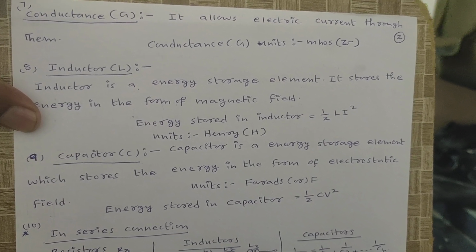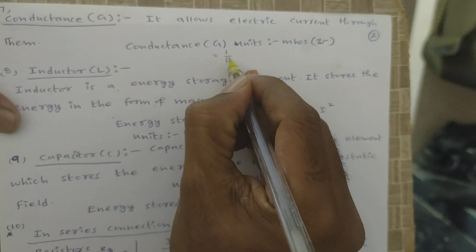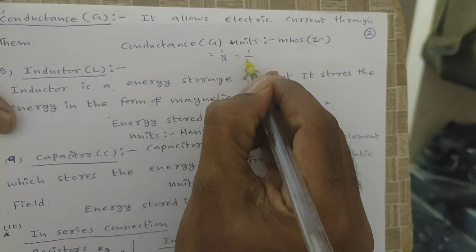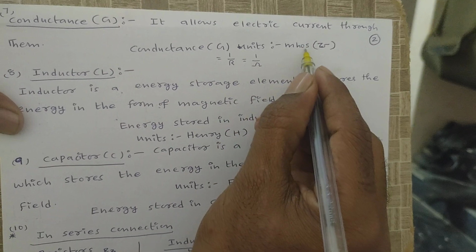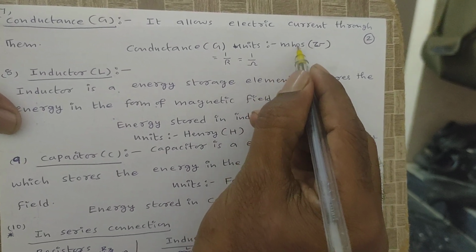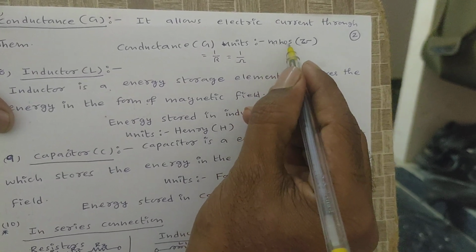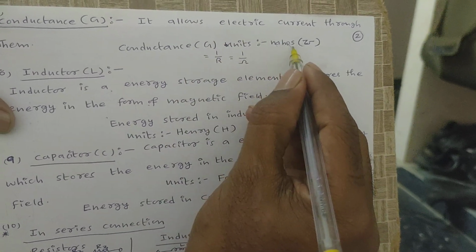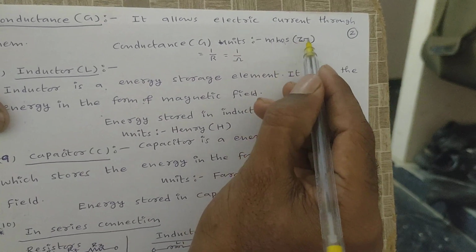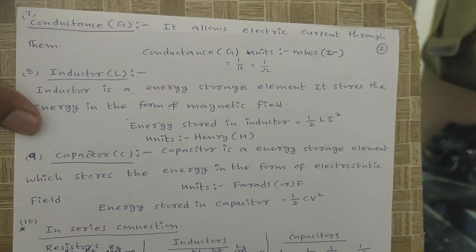Conductance G is equal to 1 by R. That means the units will be 1 by ohm, which is the reverse of ohm, called mho. The units for conductance will be mhos. This is the symbol of mho, the reverse of the ohm symbol. That is conductance G.